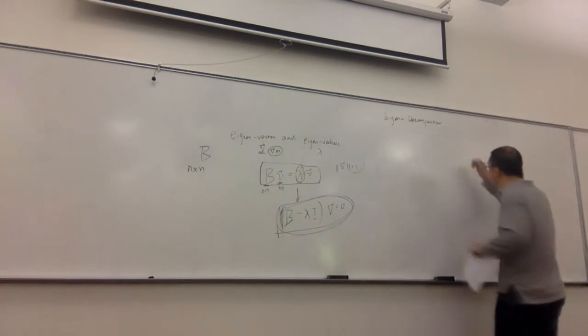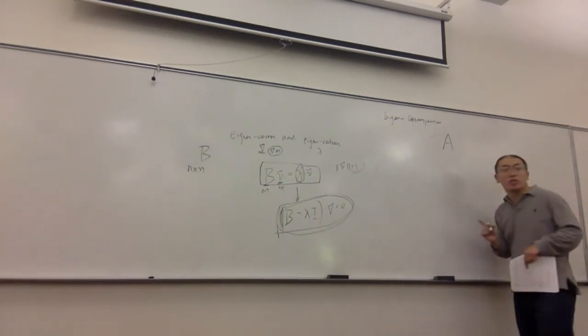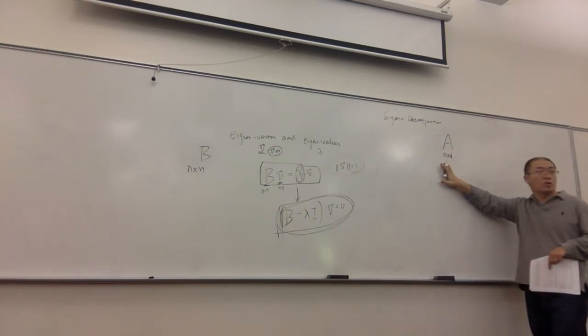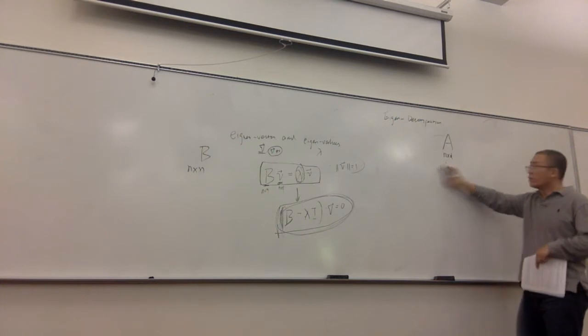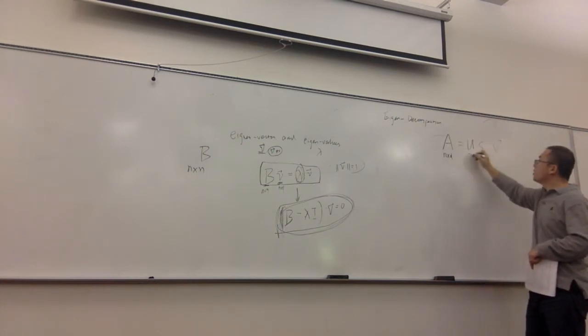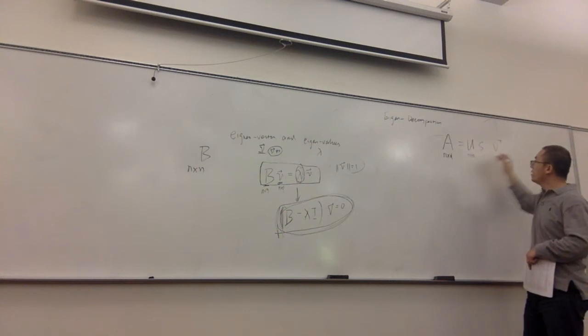Again, this is the singular value decomposition of A, which is n by d, so it is not necessarily a square matrix. The singular value decomposition is A equals U S V transpose. Again, U is n by n, V is d by d, and S is n by d.